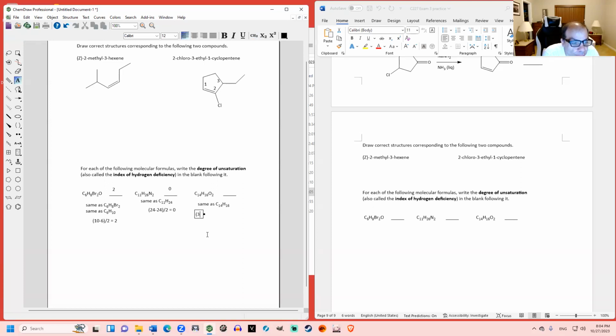So the degree of unsaturation is that maximum number of hydrogens, which is 30, minus the number of hydrogens you actually have in the molecule, which is 16, divided by 2. 30 minus 16 is 14, divided by 2 equals 7. So that's the answer. And that's pretty much it.